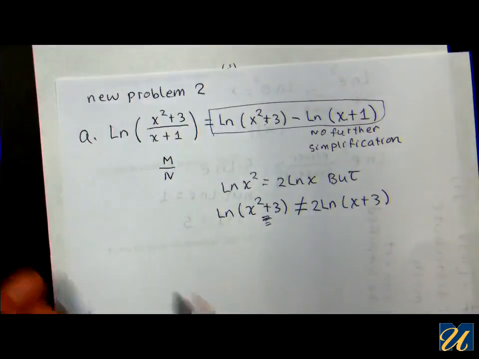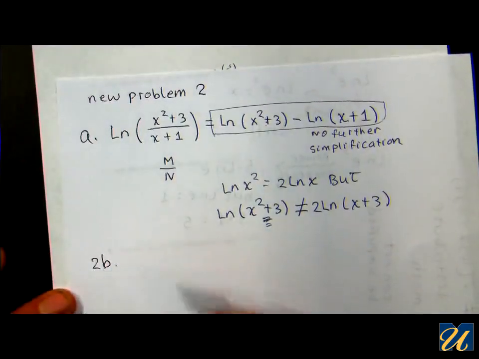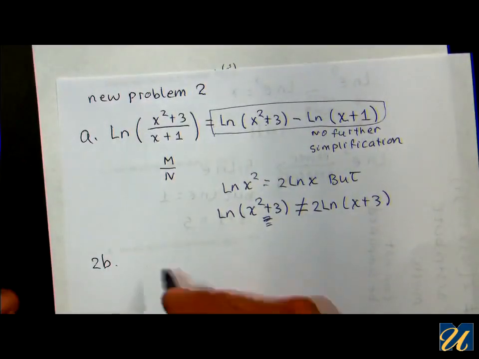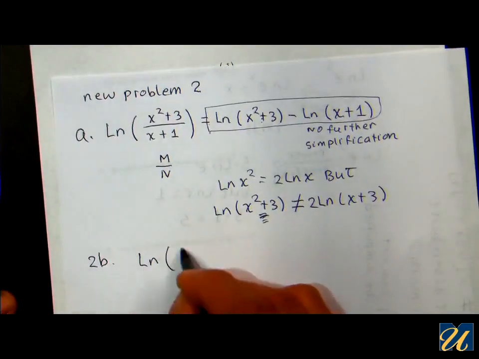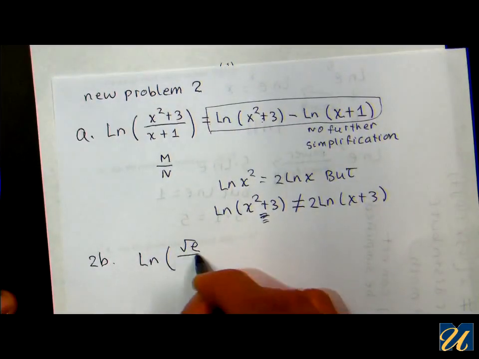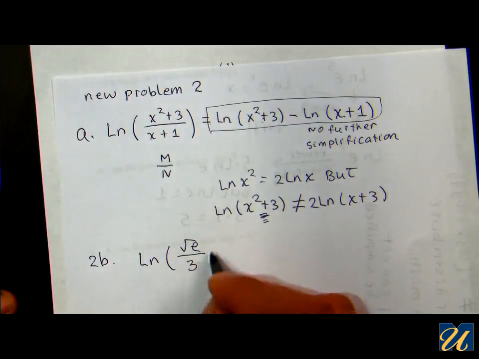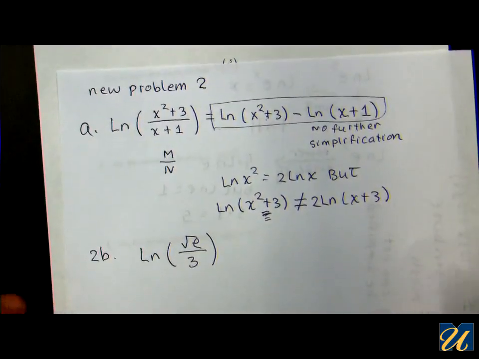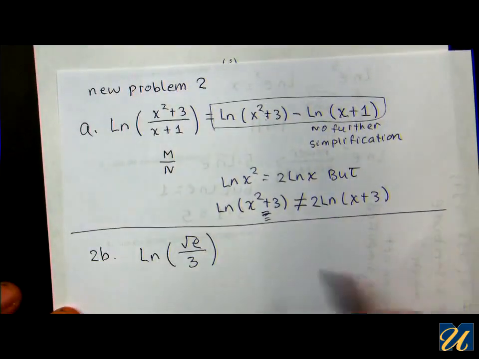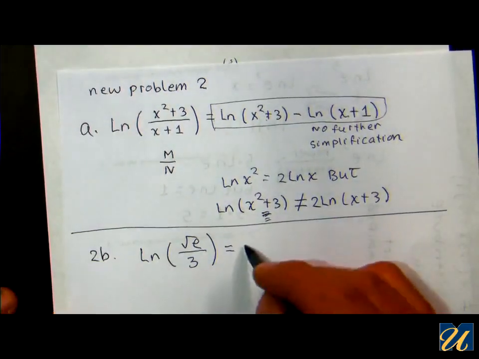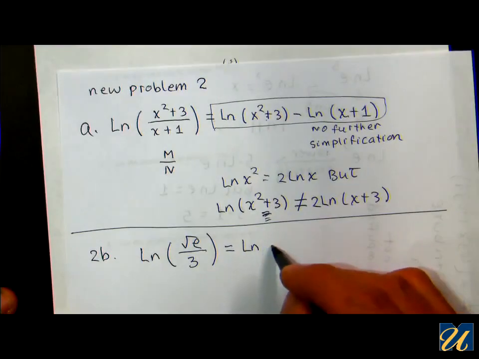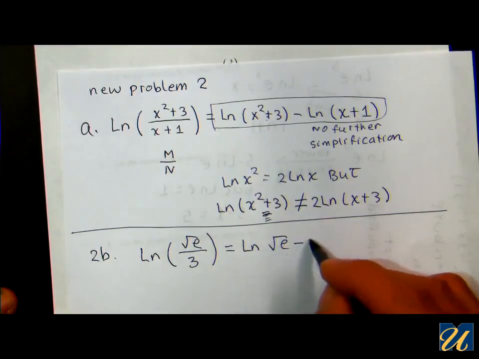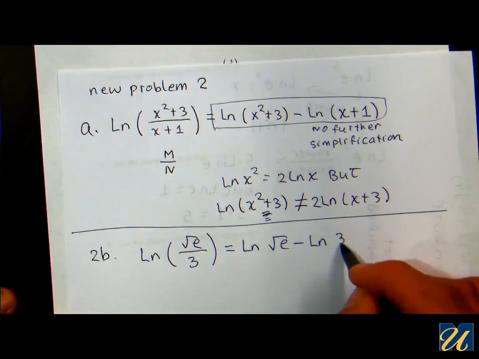Let's take a look at a new problem 2b and do a variation here. How about the natural log of the square root of e all divided by 3? That is still the log of m divided by n. So we will still use the quotient property, the log of the numerator minus the log of the denominator.